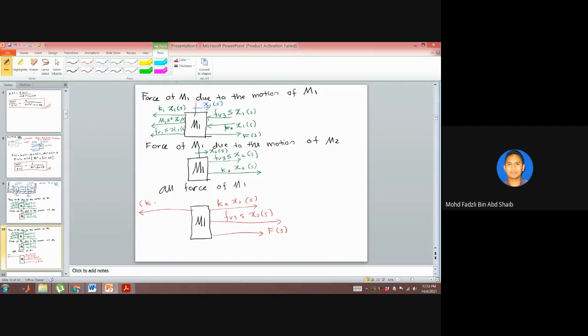K1 plus K2 S1, S, right. Then what do we have here? FV1. We have FV3 here, right? So we have FV1 plus FV.